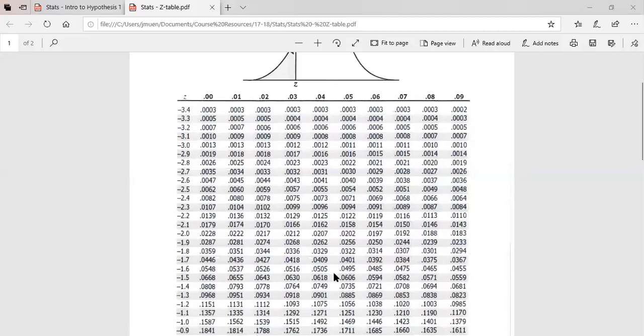And that negative z-score is our critical value. That's going to be what tells me whether or not I'm far enough from my mean in order to reject the null hypothesis.